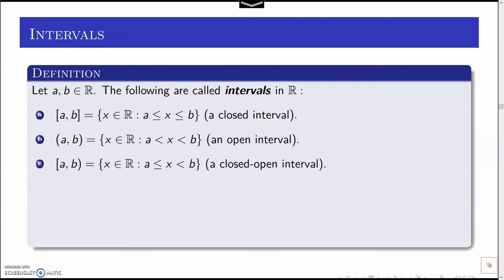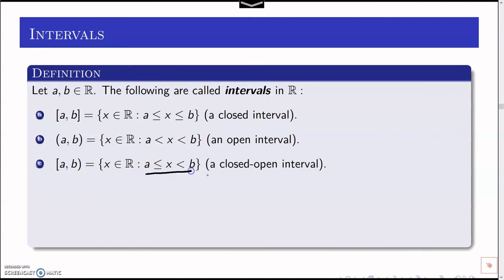Next, I have a closed open interval. So this will be closed at one end and open at one end. Because it is closed on the left hand side, it is named closed open, closed word first. So all the elements which are bigger than or equal to a but strictly less than b. So they can be equal to a on one side, but they have to be strictly less than b on the other side.